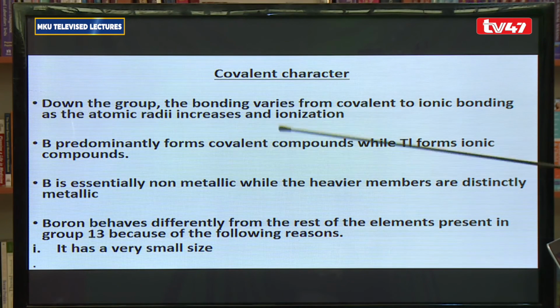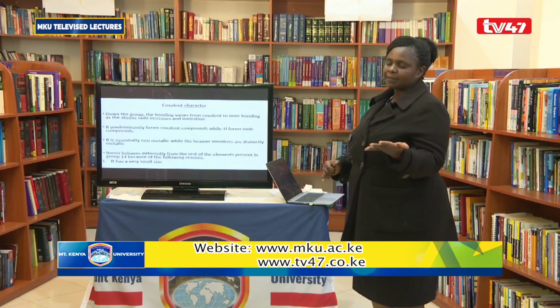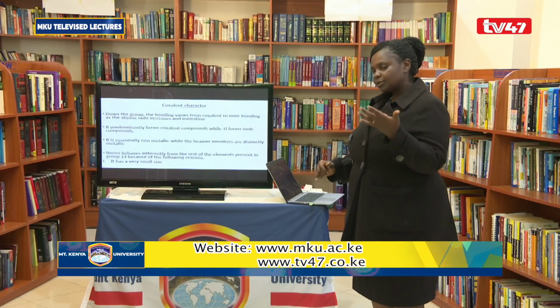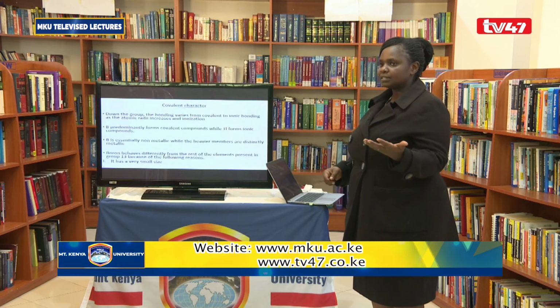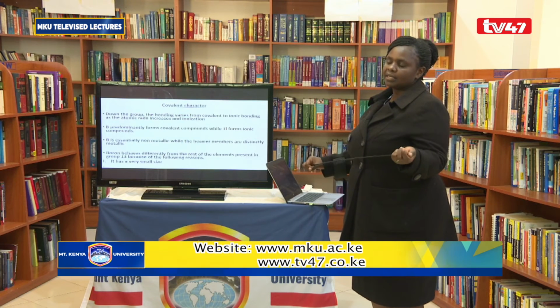Boron is essentially non-metallic, while the heavier members are distinctly metallic. Boron behaves like a non-metal, because when you react boron with an acid, it forms boric acid, whereas with the other elements, say aluminium plus hydrochloric acid, you form a salt and hydrogen gas.